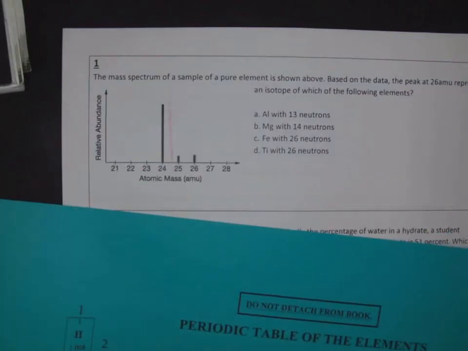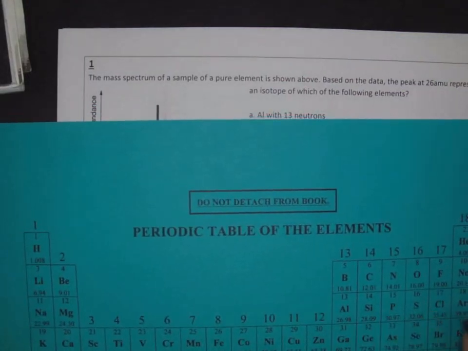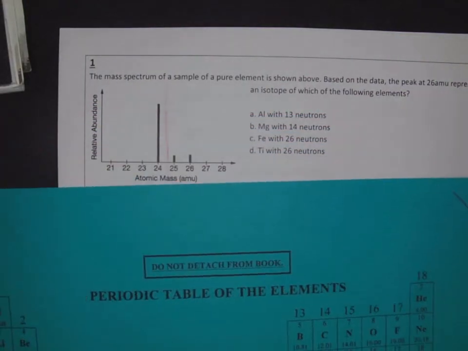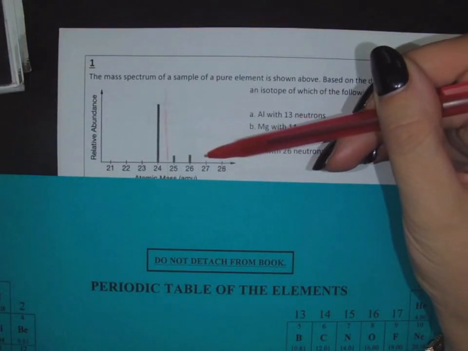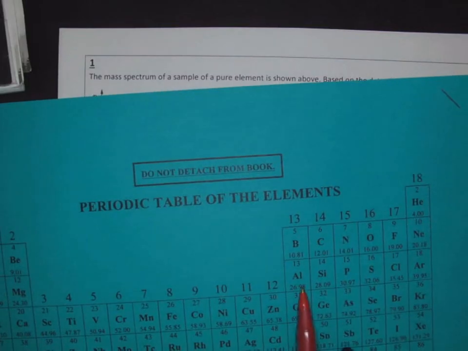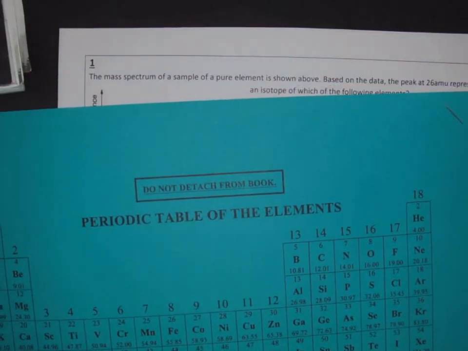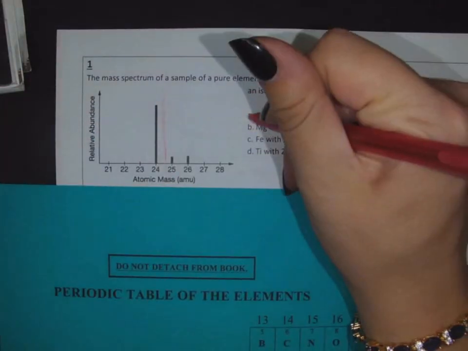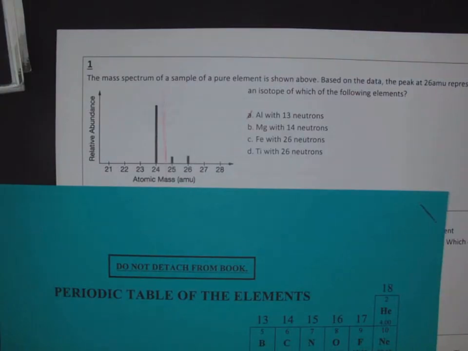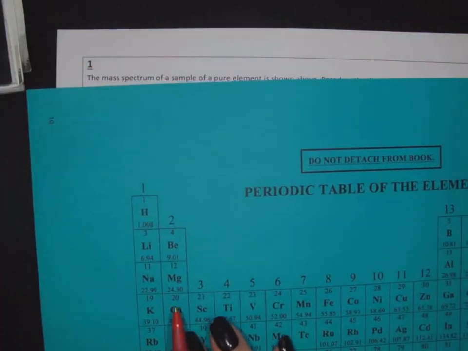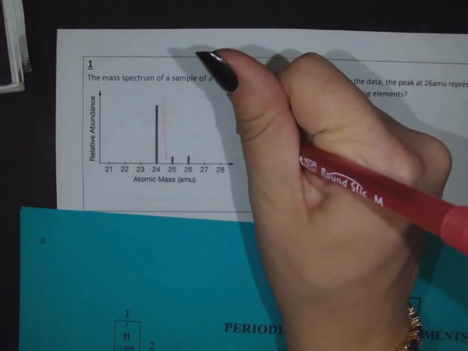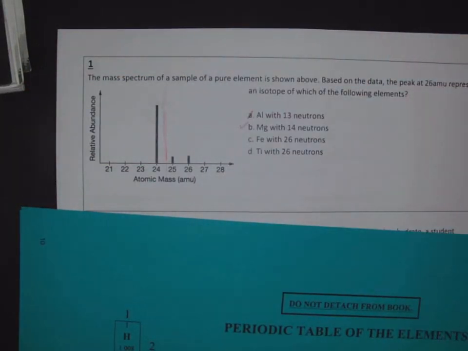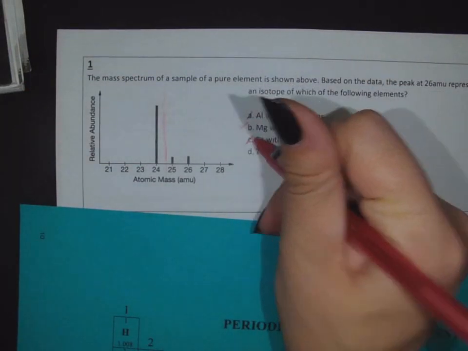Now, aluminum has an average atomic mass of 26.9, practically 27, all the way over here. So that would not be aluminum. This would not be the mass spectrum for aluminum. Magnesium has an average atomic mass of 24.3, so that's a potential answer. That's reasonable. Iron is 55. It's definitely not that.